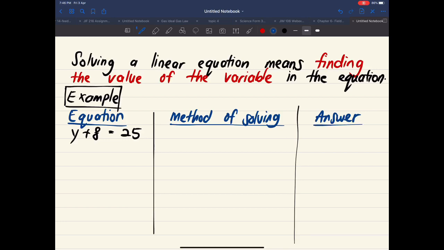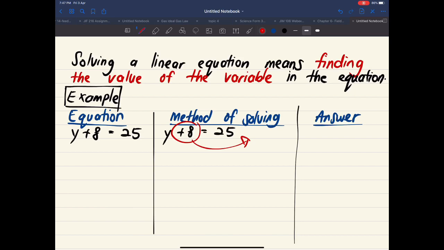Okay, so for this equation y plus 8 equals to 25, the method of solving will be y plus 8 equals to 25, and you have to bring this plus 8 to the other side. So what would be the answer?